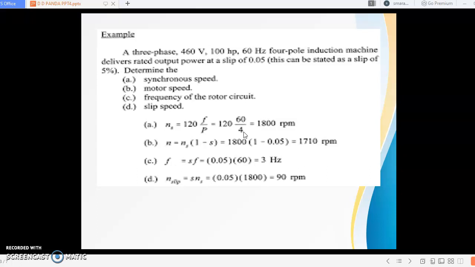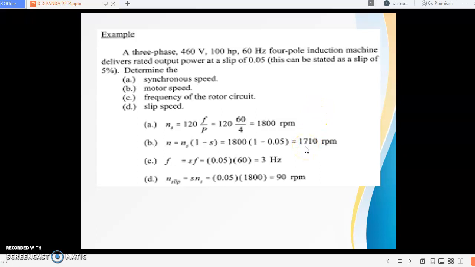So the answer is 120 into 60 divided by 4. After solving this, we will get a numeric value as 1800, that is 1800 RPM. Everybody must be clear. Simply by using the formula 120 f by P, we will calculate the synchronous speed.